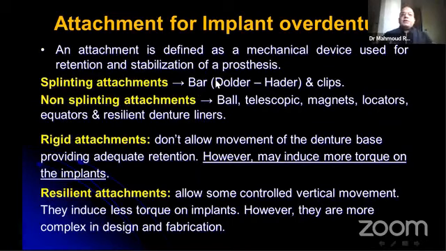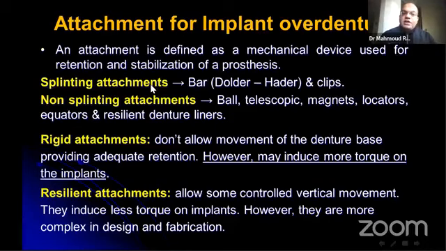Then we will talk about the attachments that will be used for overdentures. As we said in the last lecture, an attachment is defined as a mechanical device used for retention and stabilization of the prosthesis.